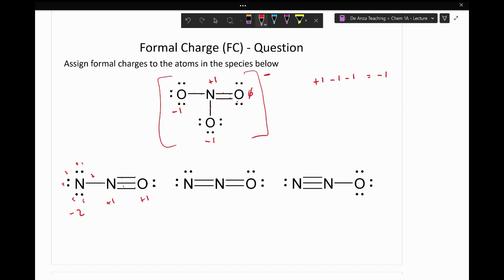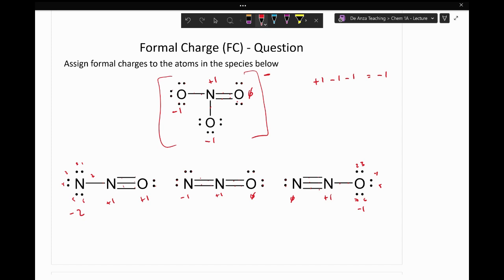We go to our next structure. This nitrogen has 1, 2, 3, 4, 5, 6, -1. 1, 2, 3, 4, +1. 1, 2, 3, 4, 5, 6, 0. And then our final structure: 1, 2, 3, 4, 5, 0. 1, 2, 3, 4, +1. 1, 2, 3, 4, 5, 6, 7, -1.